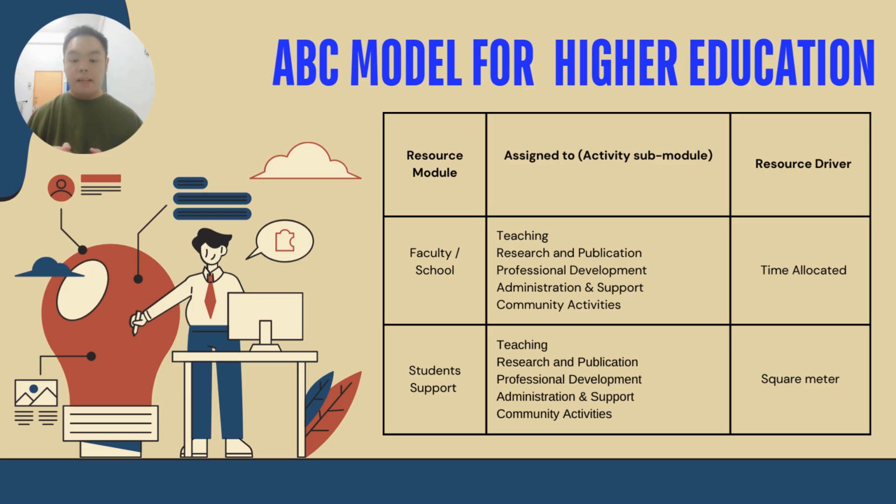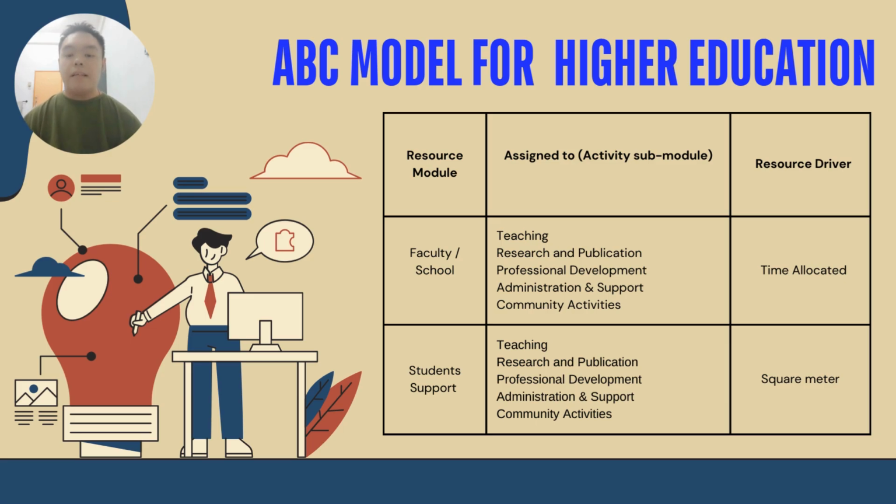However, we also assign faculty or school overhead costs for professional development, administration support, and last but not least, community activity such as lending a place for a sports community.